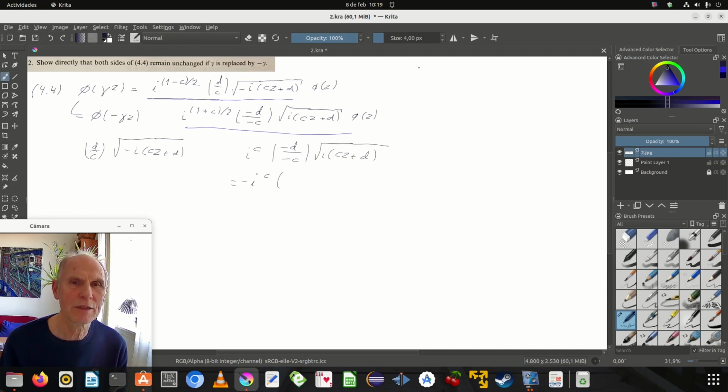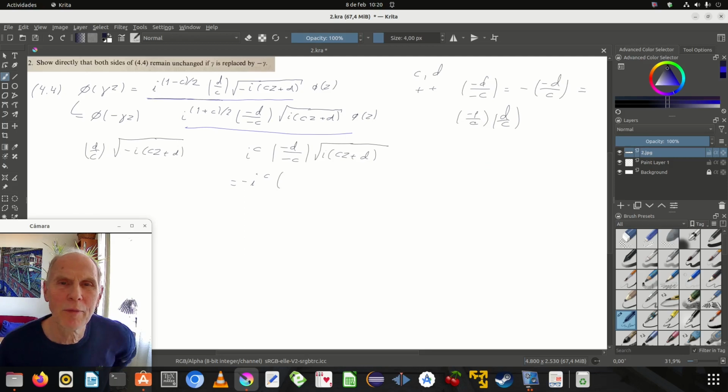So in case c and d both are positive, and minus 1 over c, it's minus to, what is it, c minus 1/2.